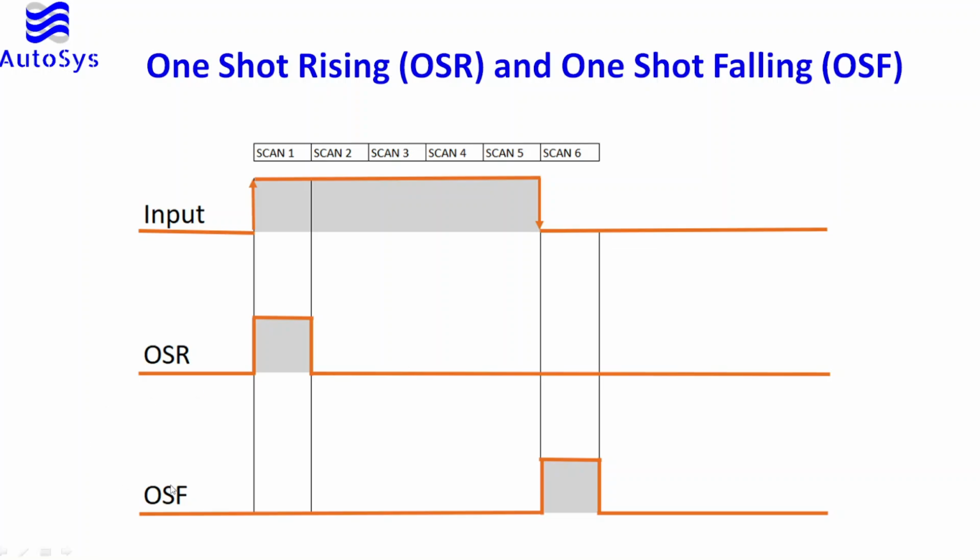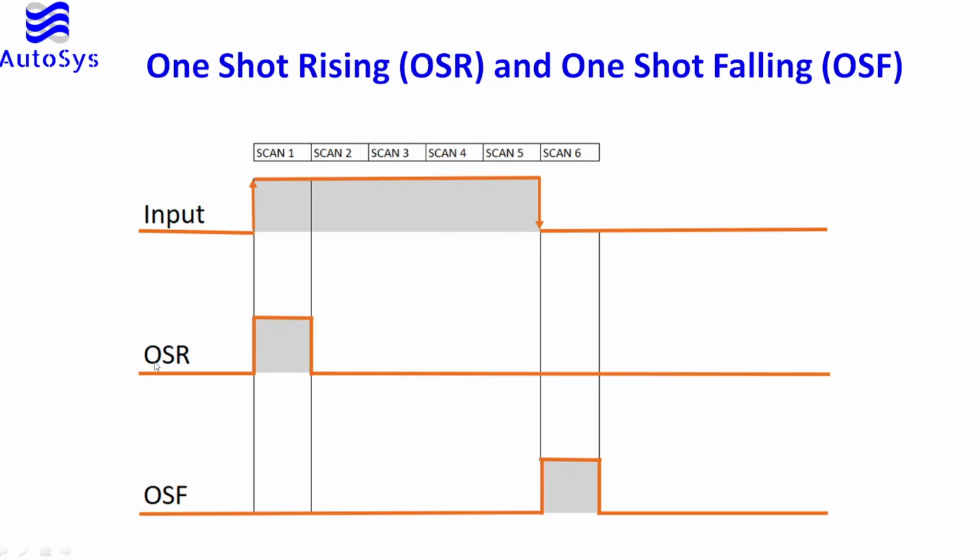Similarly, the OSF instruction detects when there is a change in the input from 1 to 0, that is from high to low. Then it produces the output high for one scan cycle, and the output remains low if there is no change from high to low.